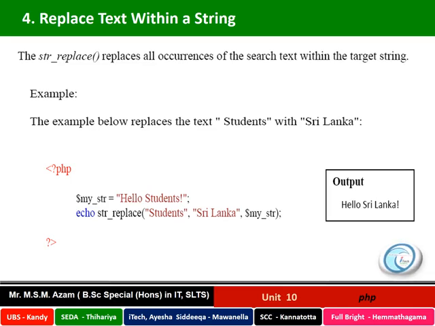It has to be typed next, comma, the variable to be replaced, that is my_str. So when you complete this code, you will get the result as hello Sri Lanka. There you can find that the word students is replaced by Sri Lanka.